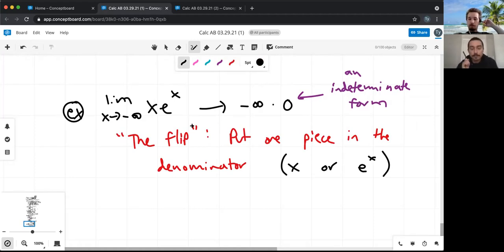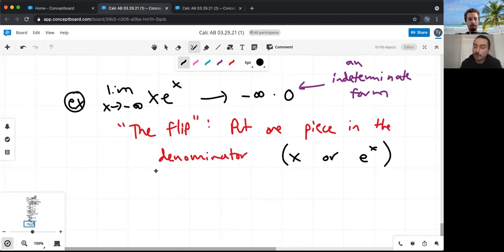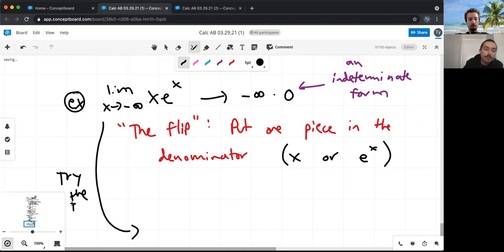There is a way that's going to help, and there's a way that's not going to help. So let's look at, well, I don't want to say which one's which first. So let's try the flip on x. So let's put the x in the denominator.